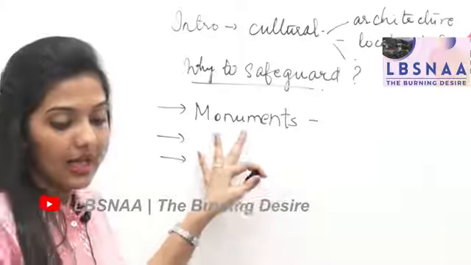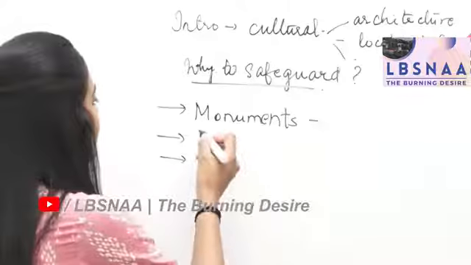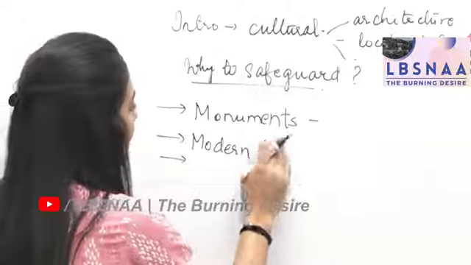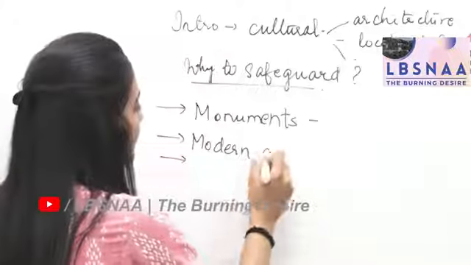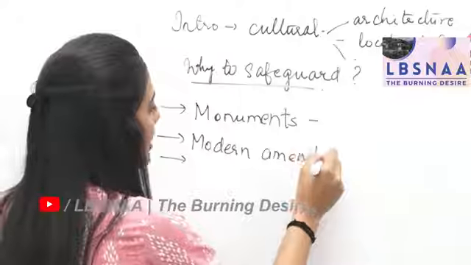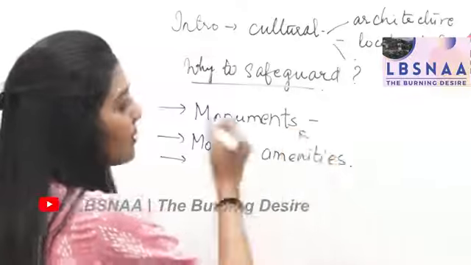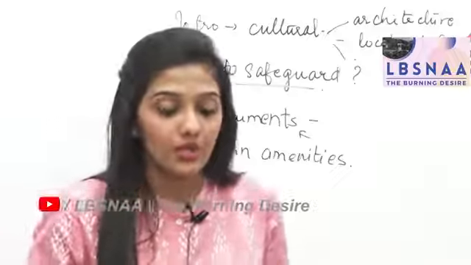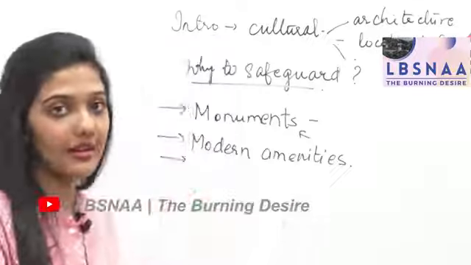Other thing is that since modern facilities and amenities are increasing, the focus on the art heritage of the monuments etc., and in general the cultural tradition is coming down. So, that is also the reason why we need to conserve it.